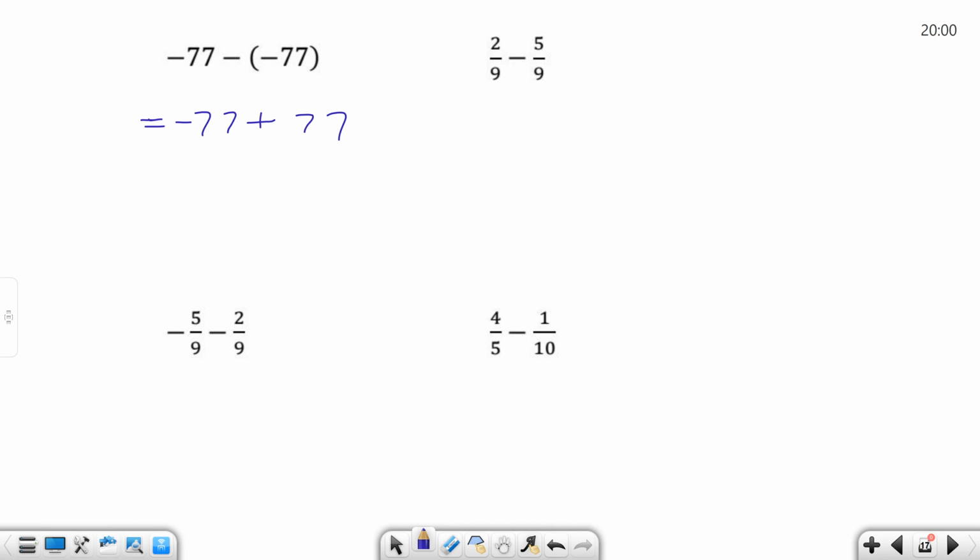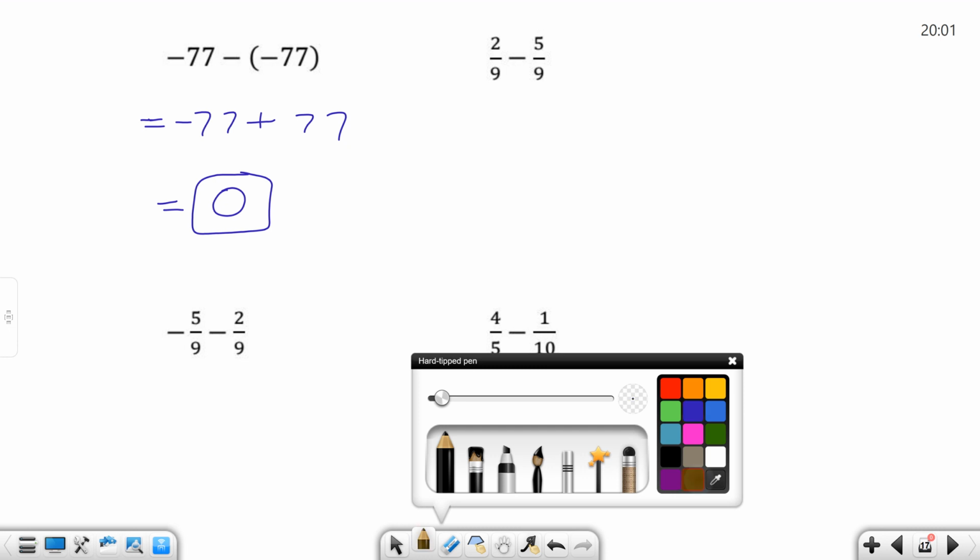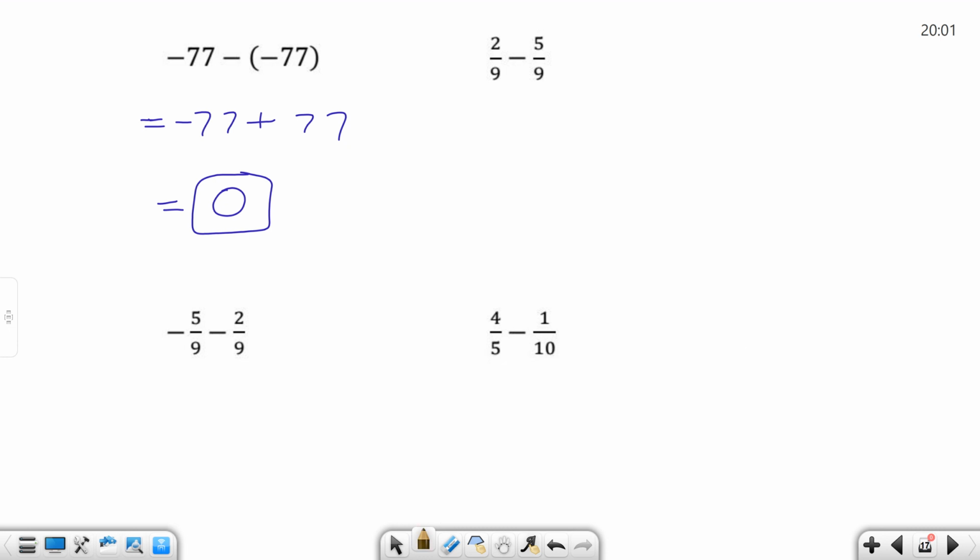The signs are different, so you subtract them. 77 minus 77 is 0. Is 0 positive or negative? No, so don't worry about a sign here. You would take the sign of the larger one, but 77 is the same size as 77, so you don't write down either sign. The 77 and negative 77 cancel. They go to 0. That is in books now.